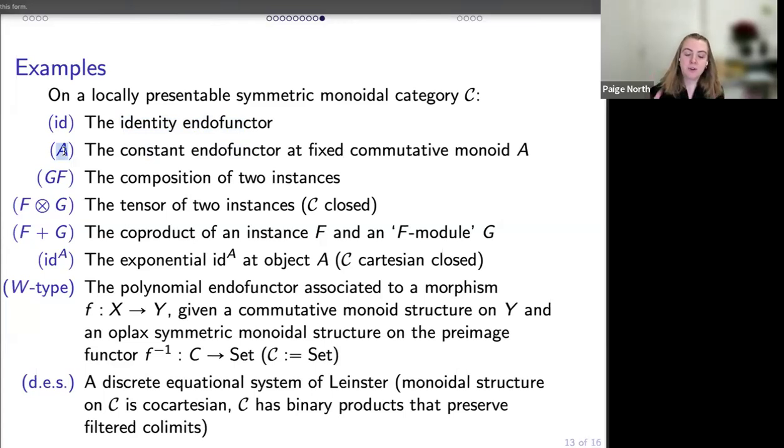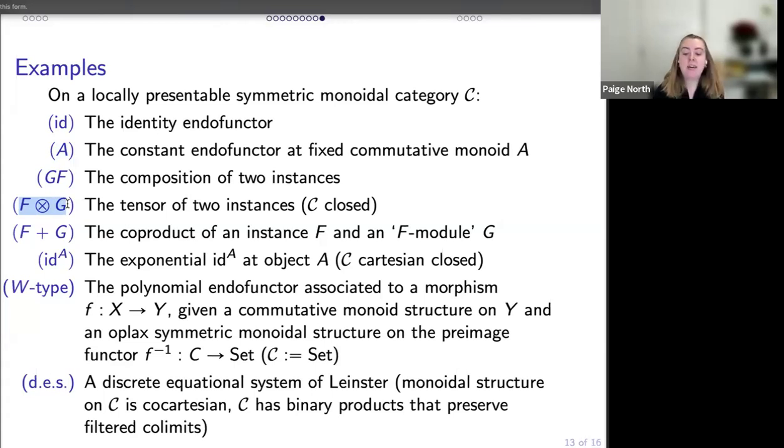If we have two instances of this list of examples, if I'm generating all the examples, then we can compose them and find an endofunctor that satisfies our hypotheses. If our underlying category is closed, which I guess I have been assuming for this whole talk, then the pointwise tensor of two examples is still an example.